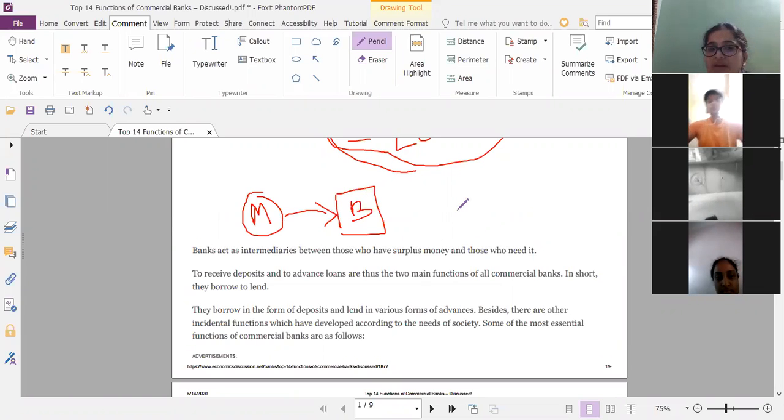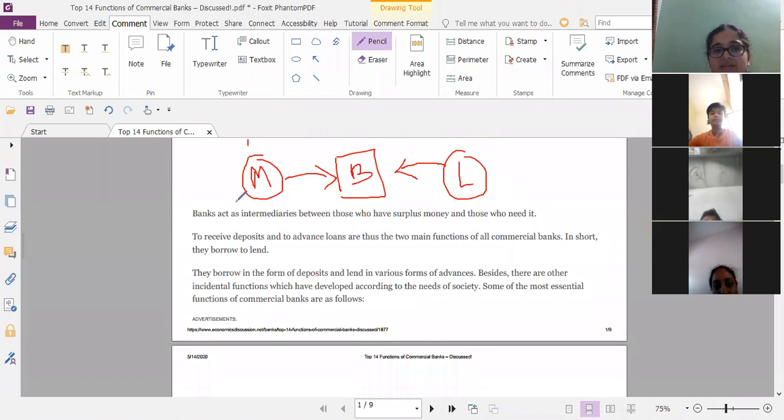And those who are in need of money can approach the bank and get money from the bank in the form of a loan. So the bank is acting as an intermediary. This thing you should remember.